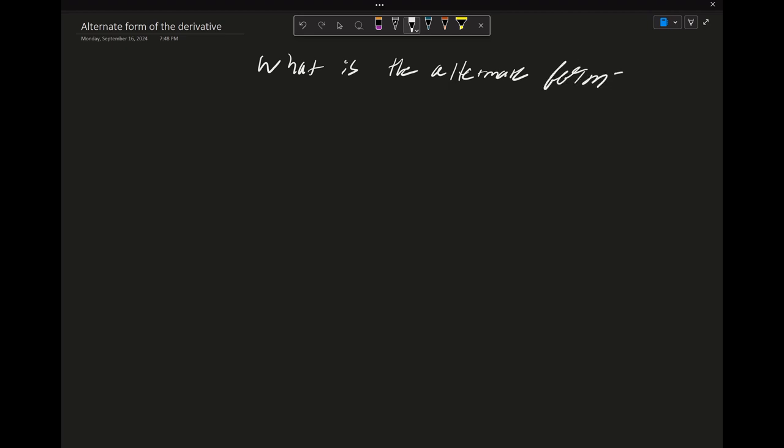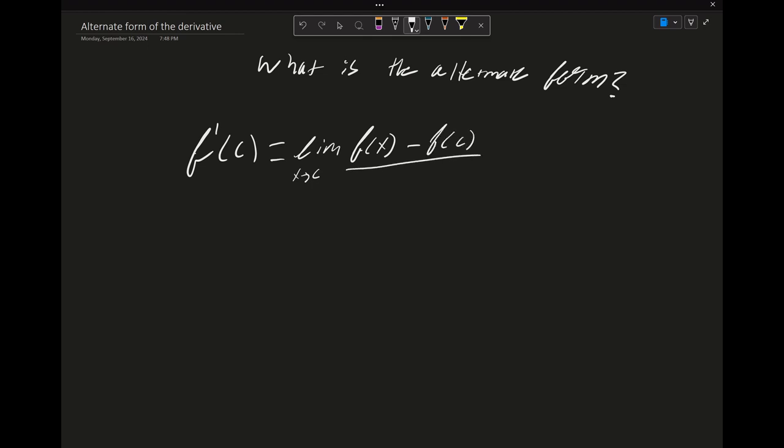The alternate form is given by the equation that the derivative of f at the point c, f prime of c, equals the limit as x approaches c of the value f of x minus the value of f evaluated at c over x minus the value c.